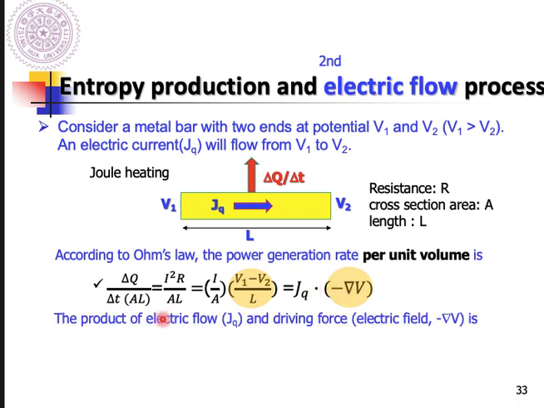Okay, so now the power or heat generation rate per unit volume can be expressed like this, but it also can be expressed this way, just moving the volume part to the upper portion. And what's this? Delta Q. What's the change of the heat?